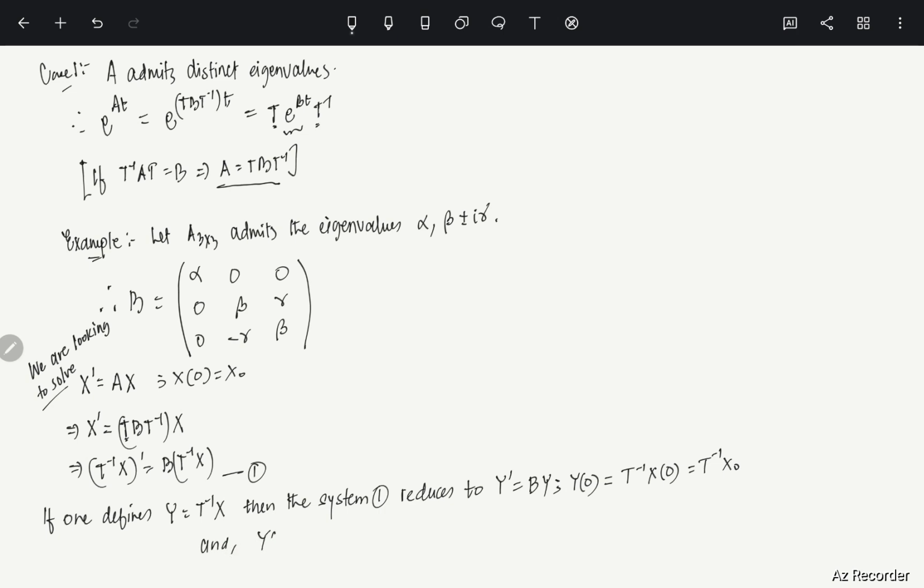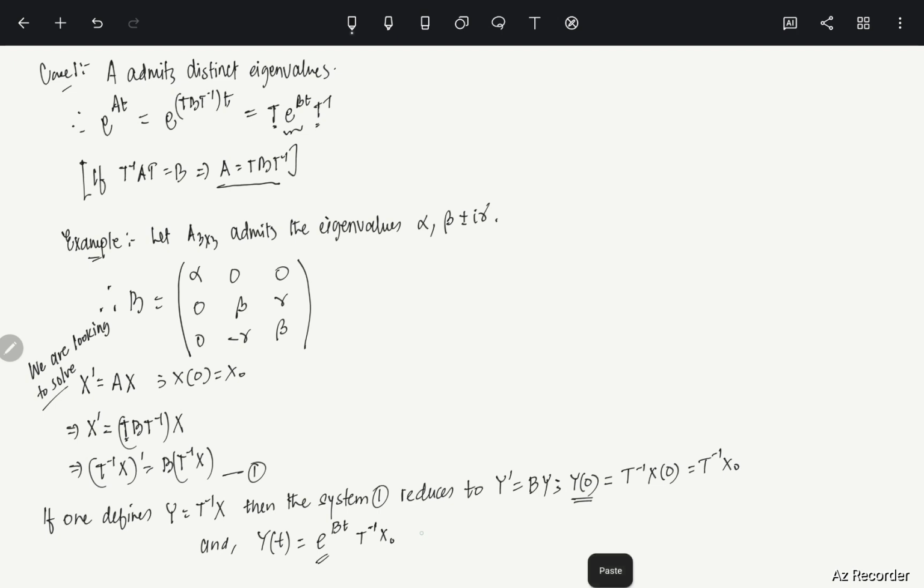Okay, now the solution of this problem, y of t, is nothing but e power Bt times y at the point 0, which is T inverse of x0. Clear? So if we can calculate e power Bt, and if we know what T is, then we know what y is, and then we know what x is, because y is nothing but T inverse of x.